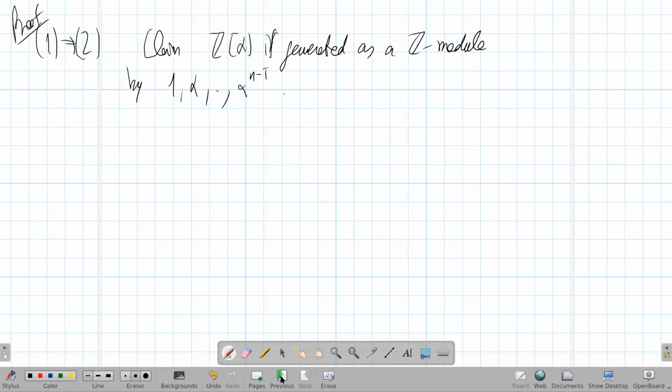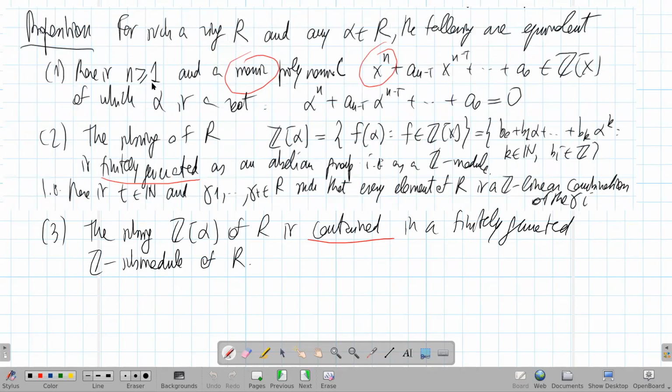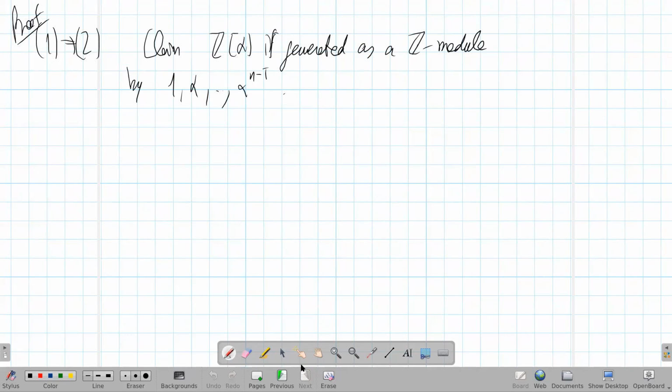Well, recall, alpha by assumption 1 is a root of a monic polynomial of degree n. This is an argument that no doubt you know well, but let's review it.